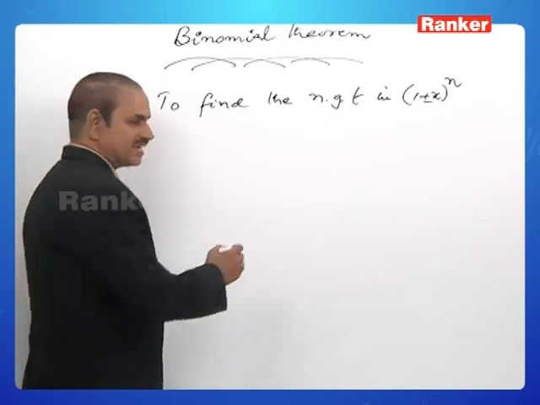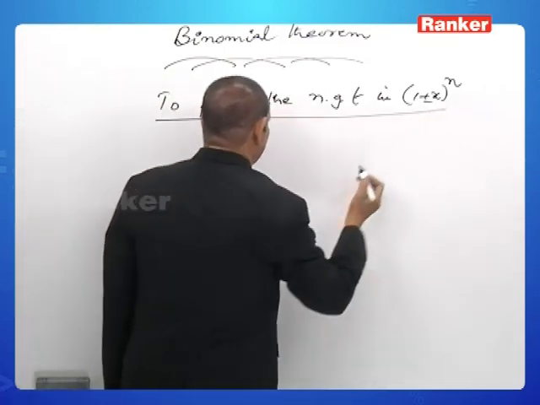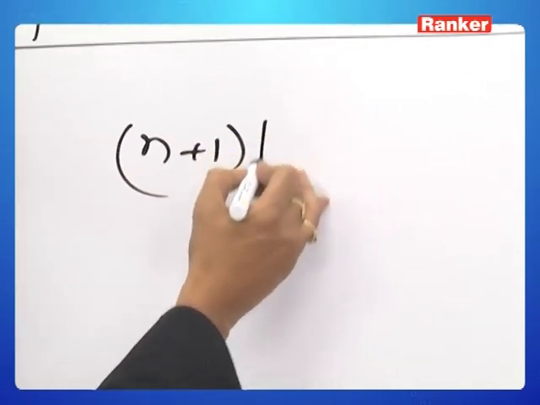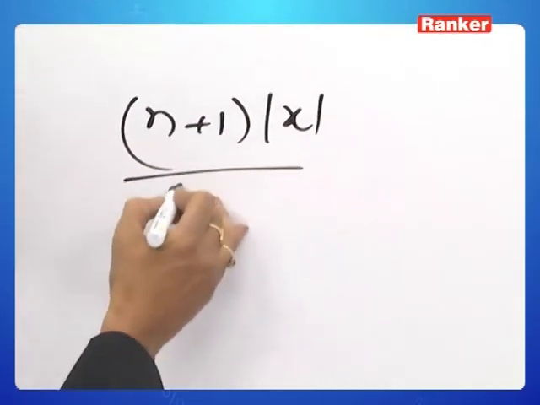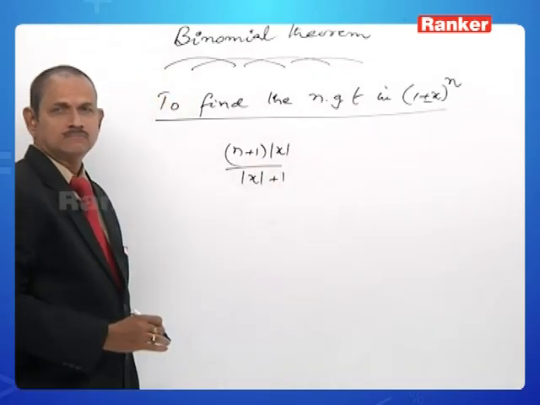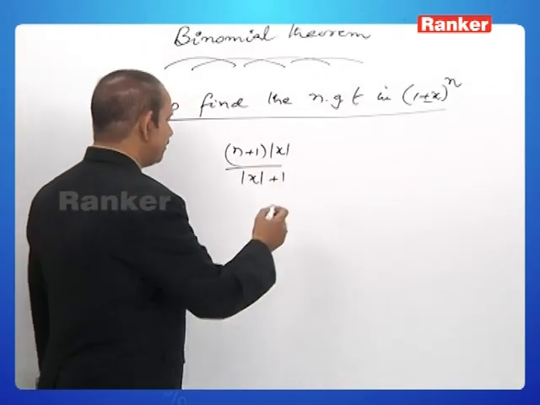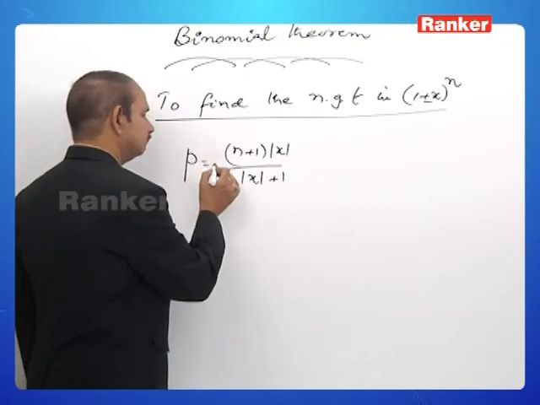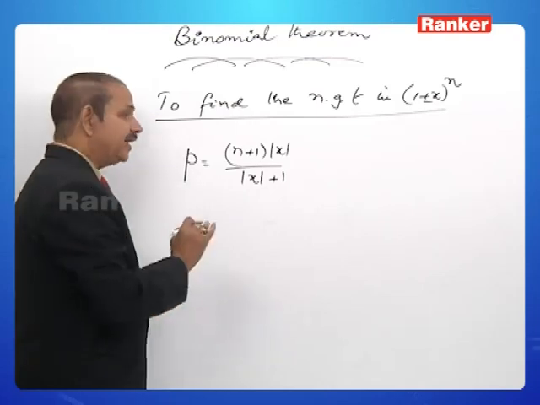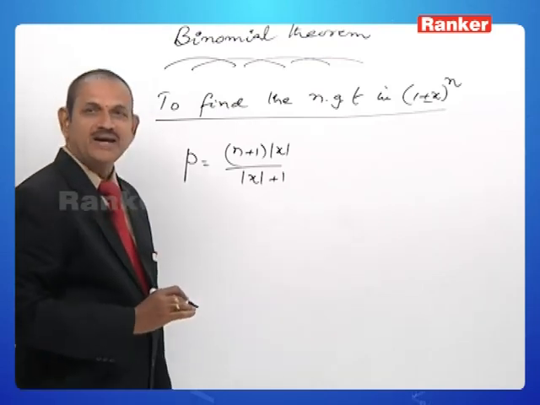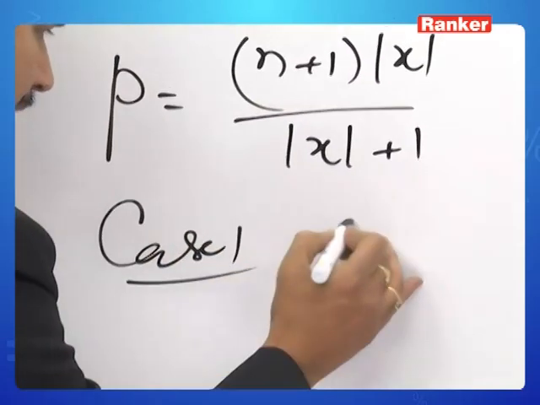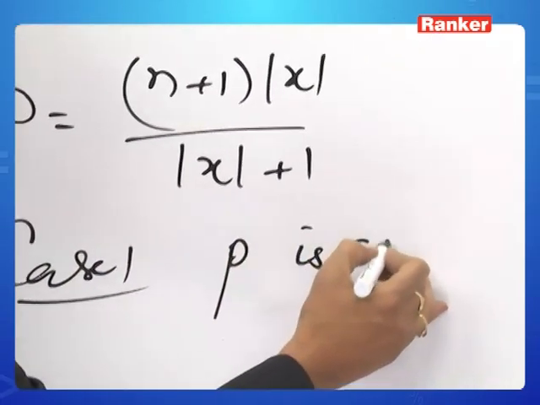The very first step to be adopted is, you first of all find (n plus 1) into mod x by (mod x plus 1). That is essential. You name it some p. Good. Here, two cases will arise. Case 1: p itself is an integer.